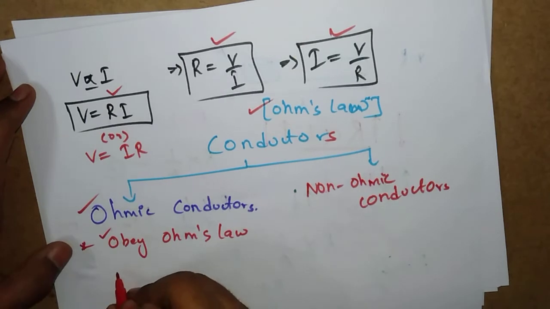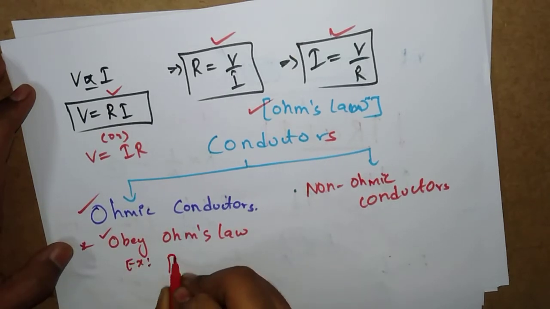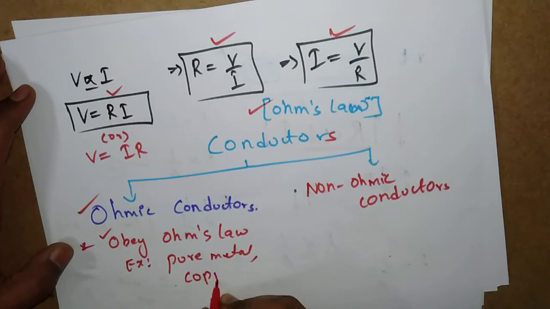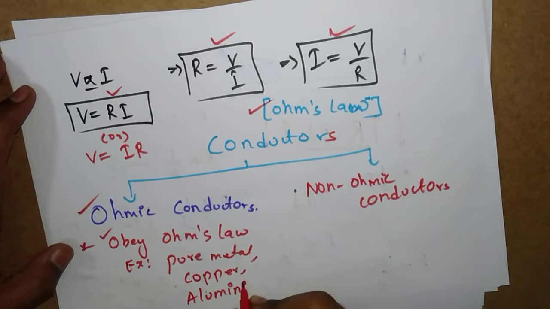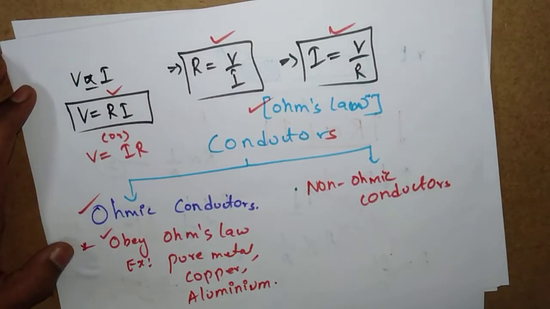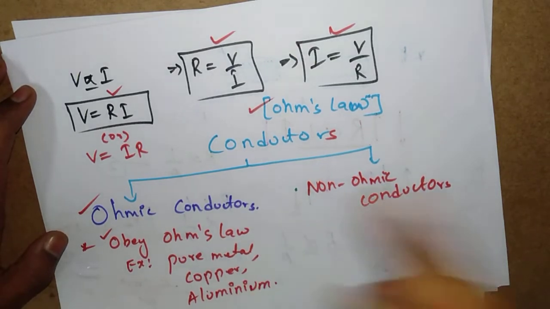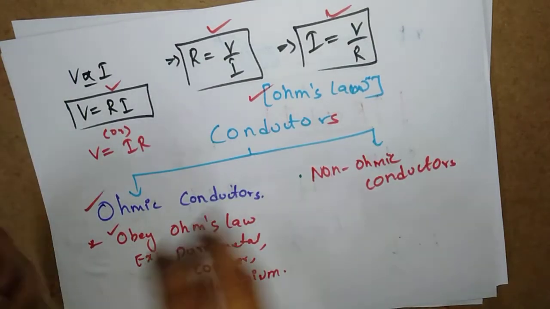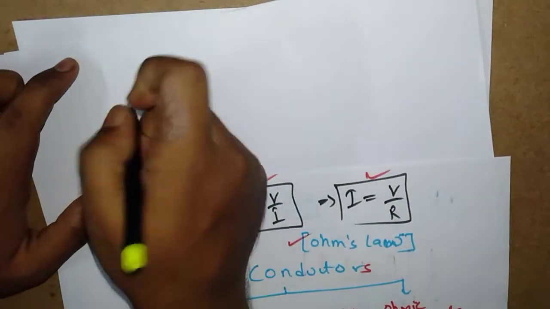So here, examples are pure metals like copper and aluminium, and so on. Pure metals which obey Ohm's law are called ohmic conductors. This is the definition, but mathematically ohmic conductors can be identified by the VI graph. We have a VI graph like this.